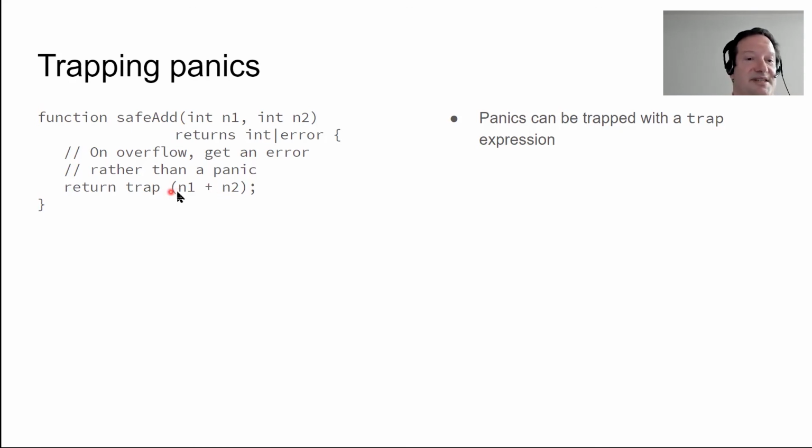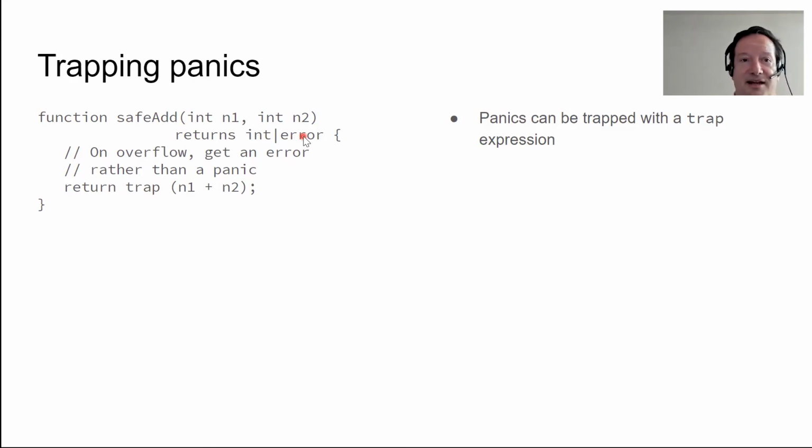So if this here is type int, and trap is applied to that, the type of that will be int or error, because there's nothing in static typing that tells you whether you're going to get an error or not. Remember that if integers overflow, that panics rather than just being ignored. So this is a way to do an add that will give you an error if it overflows. We're just trapping that and giving you an error. And so the type here is int or error.